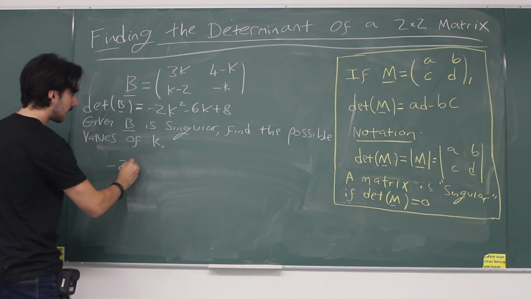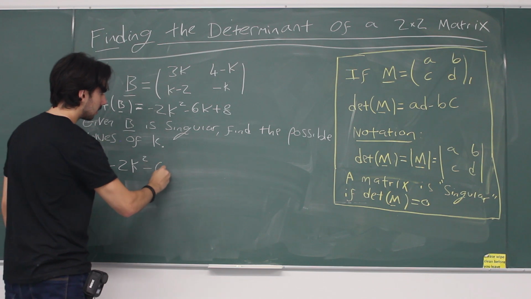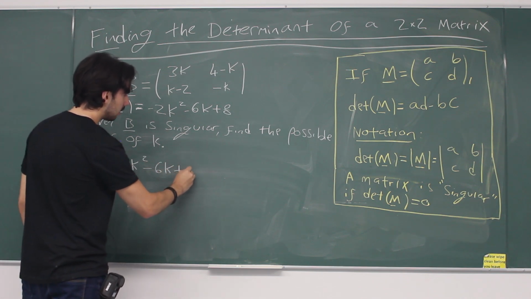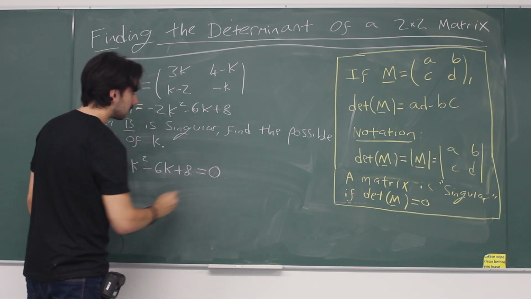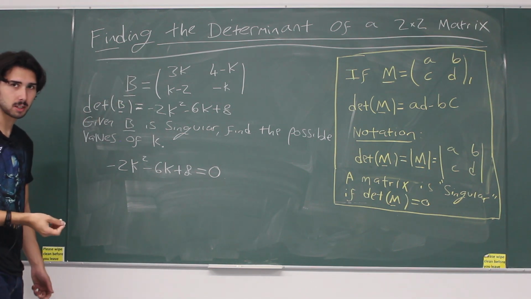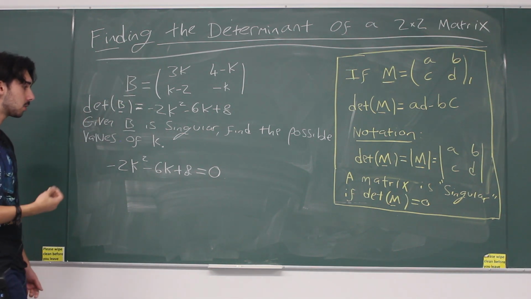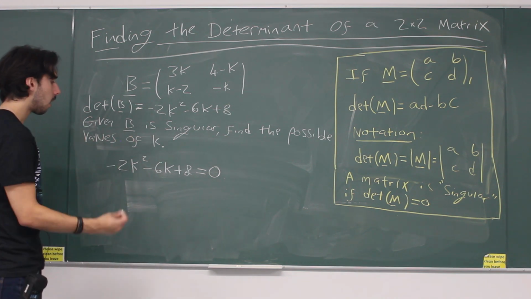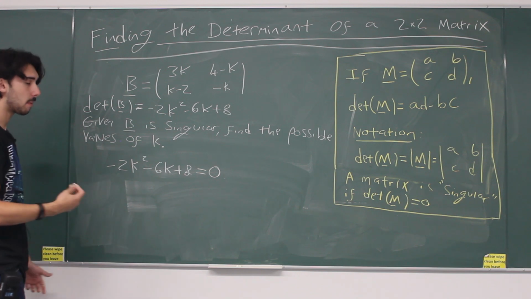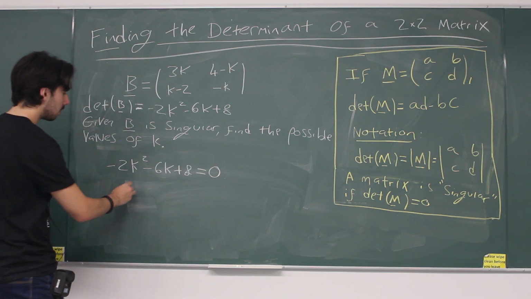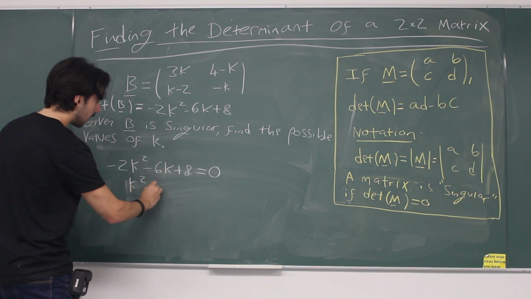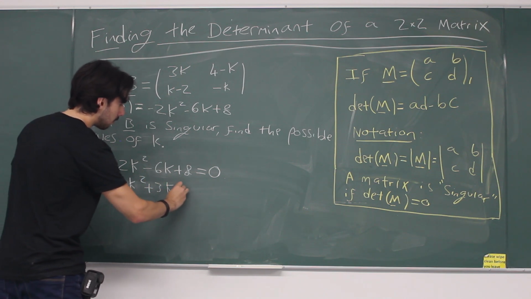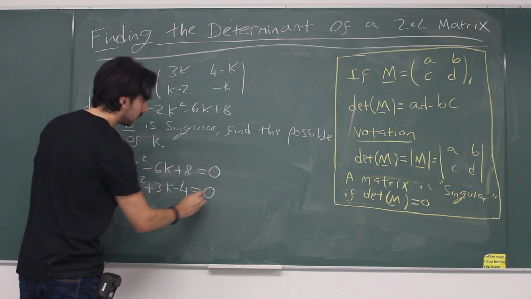So minus 2k squared minus 6k plus 8 equals 0. This is a quadratic equation in terms of k. So you could just go and straight use the quadratic formula, whatever. I'm going to factorize it. So first of all, I'm going to divide both sides by minus 2 to get k squared plus 3k minus 4 equals 0.